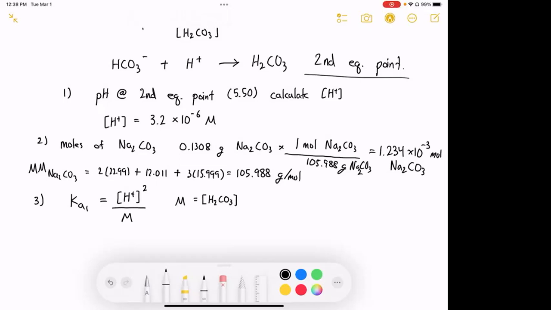Okay, so by finding the concentration, they actually gave you a concentration here.